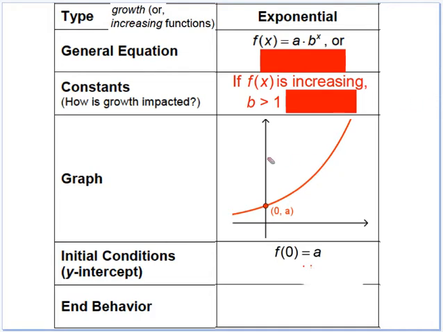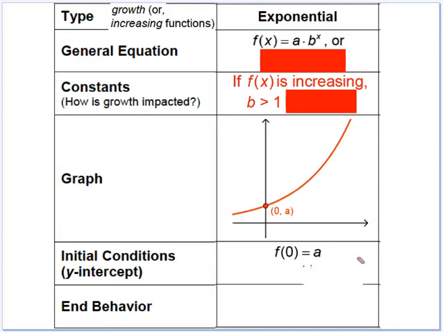Okay. One thing that you do need to notice is that with exponential functions, whatever the a value is, that is going to be your y-intercept. Okay, right here. And it doesn't matter if a is a negative number or positive number. Whatever the a value is, that's your y value that will give you your y-intercept.